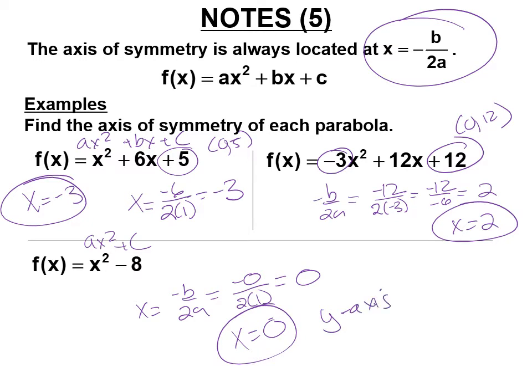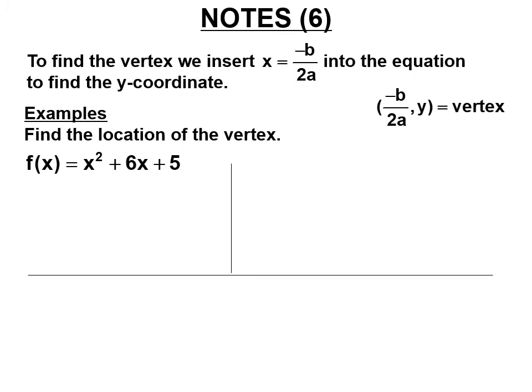Okay, so let's see that now. To find the vertex, we need the other part. We just learned the x-coordinate. That's what that x is. Now we're going to find the y-coordinate. So let's find the location of the vertex. We start with x equals negative b over 2a, which is -6 over 2, x equals -3.